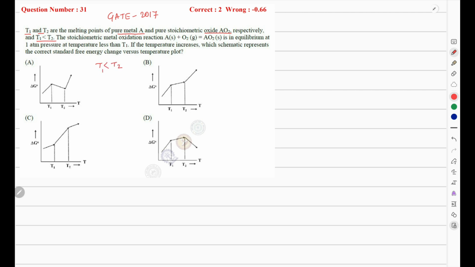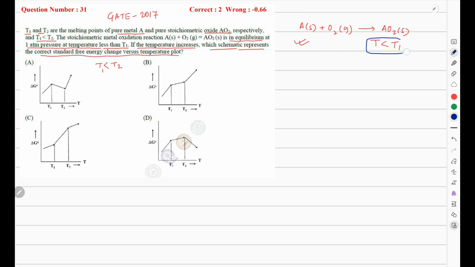The stoichiometric metal oxidation, A solid plus oxygen gas giving rise to AO2 solid, is in equilibrium at 1 atmospheric pressure at temperature less than T1. If the temperature increases, which schematic represents the correct standard free energy change versus temperature plot?